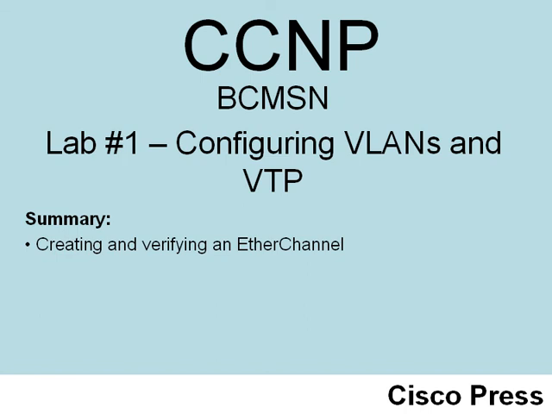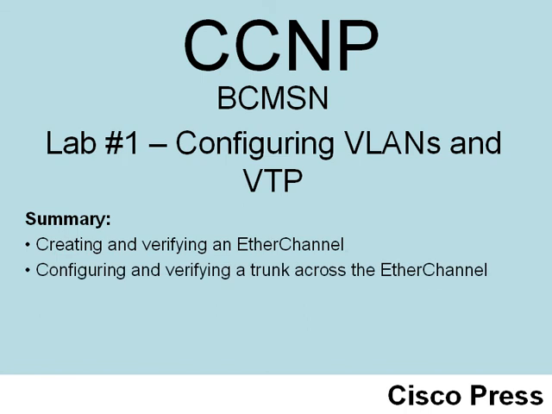We just used a couple of physical connections between a couple of Catalyst 3550 switches to form an Ether channel, logically bonding together the bandwidth for both of those physical interfaces into this virtual Ether channel interface. Once we had configured and verified our Ether channel, we then formed an IEEE 802.1Q trunk across the Ether channel, and a trunk allows us to carry traffic for multiple VLANs.